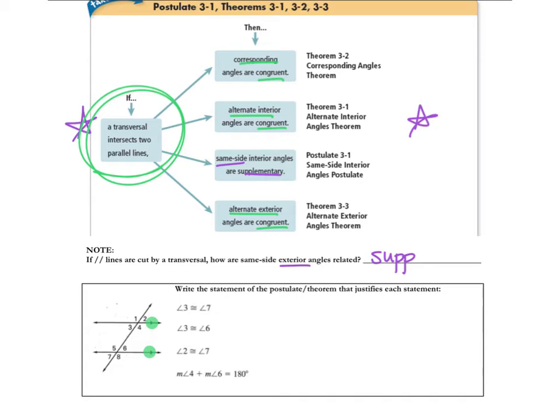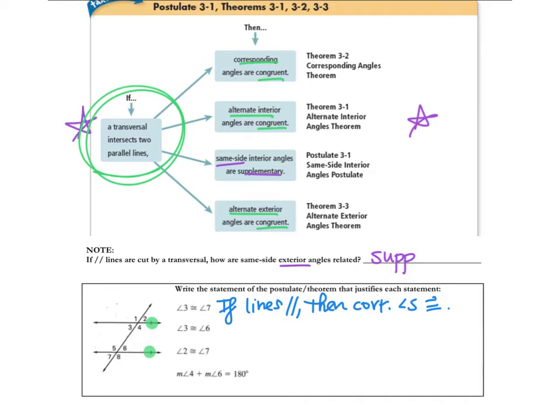Well, those are corresponding angles because they're in the same position. So corresponding angles should be congruent because if lines are parallel, then corresponding angles are congruent. That's what justifies why angle 3 and 7 are congruent.